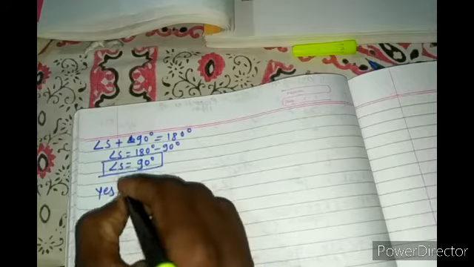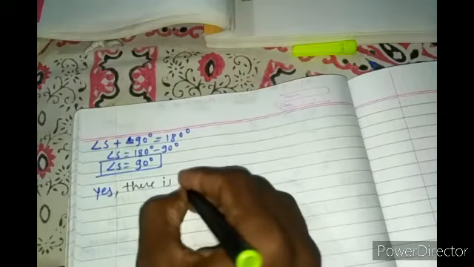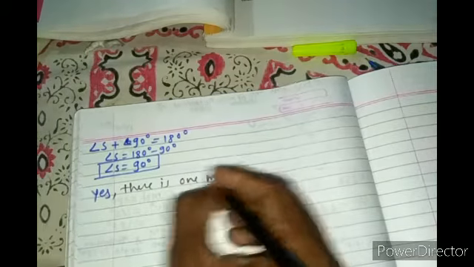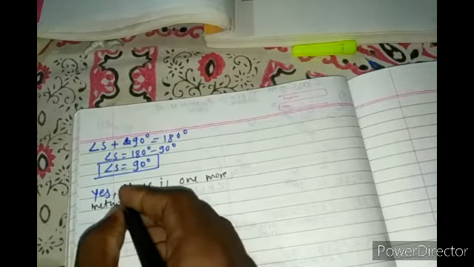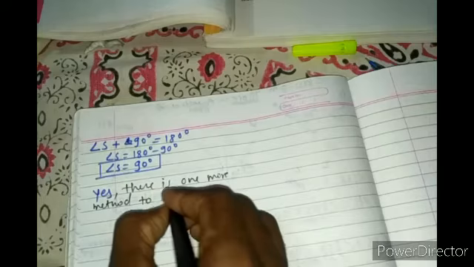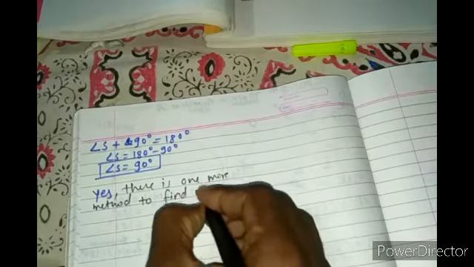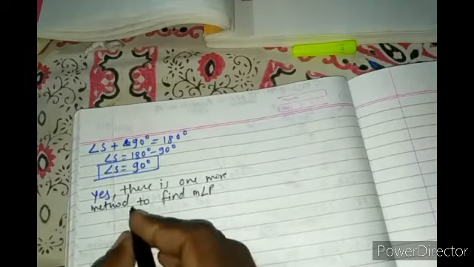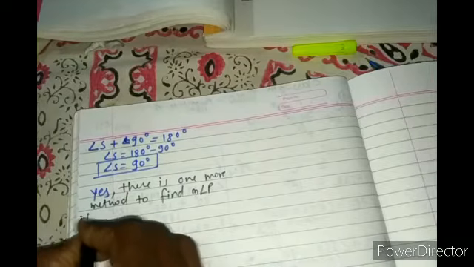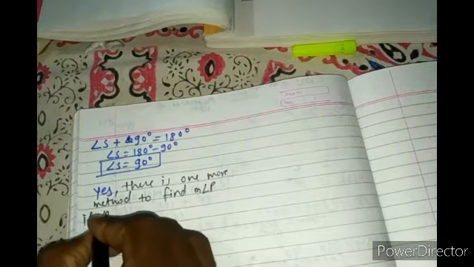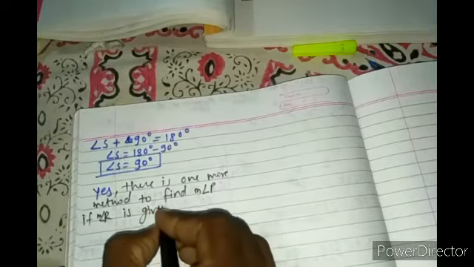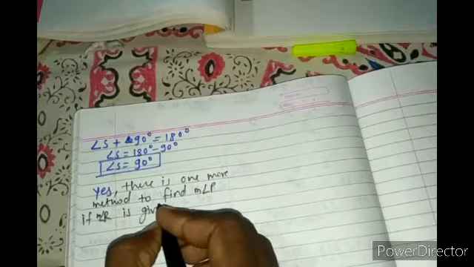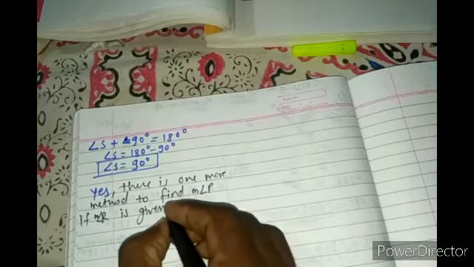So we will say yes, there is one more method to find measure angle P, but when? If measure angle R is given. And which method?